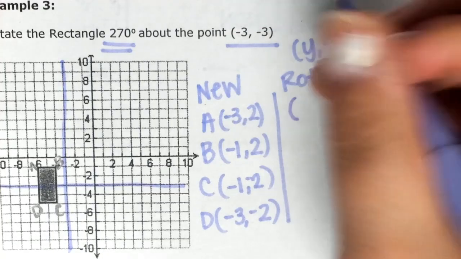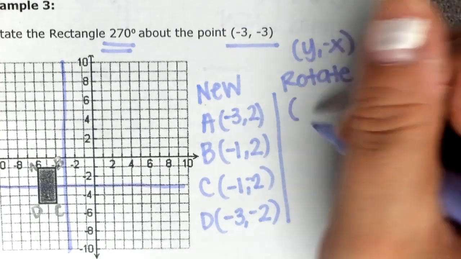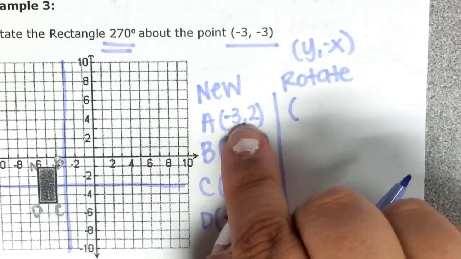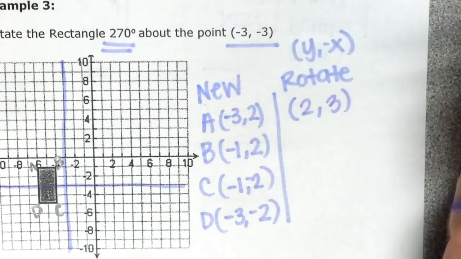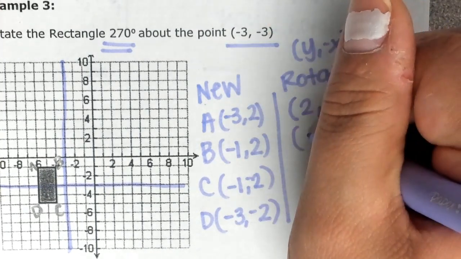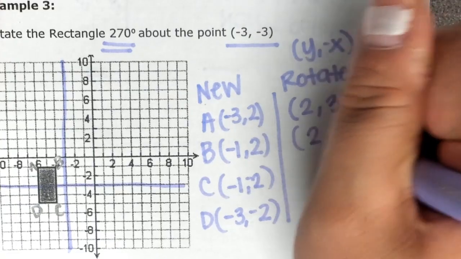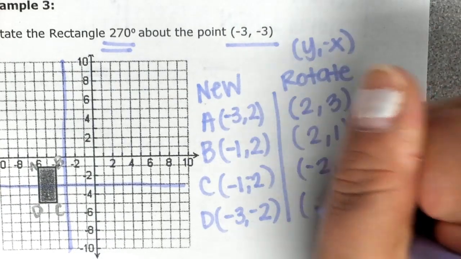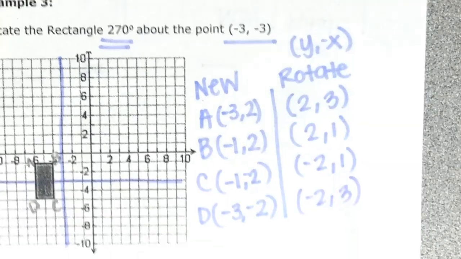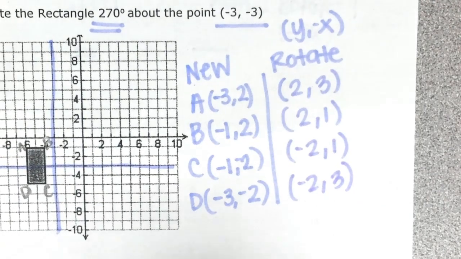So if I do (y, -x), I'm going to switch them and make that x positive, or negate it. Then I'm going to make this 2, 1. -2, 1, -2, 3. Is that what y'all got in that column?